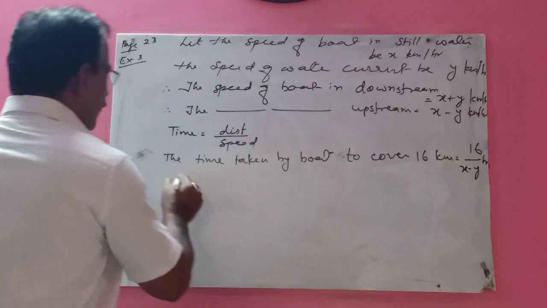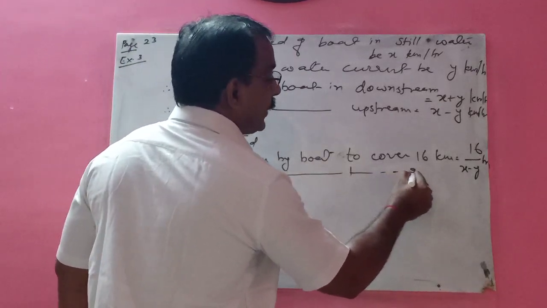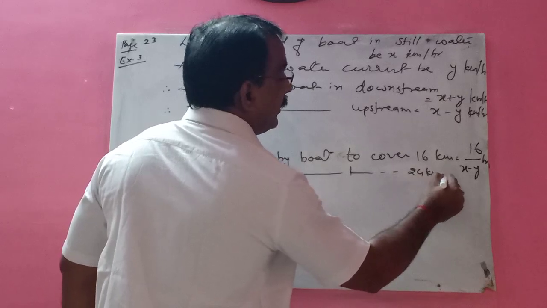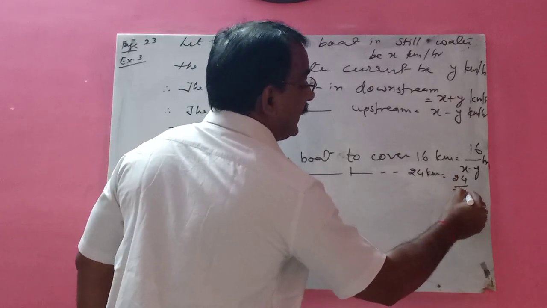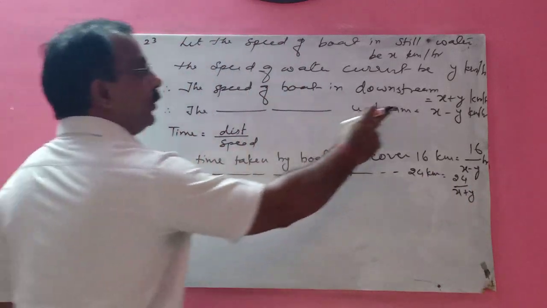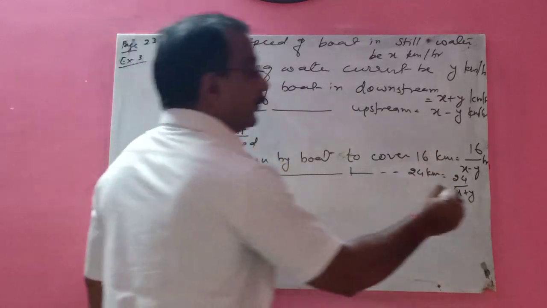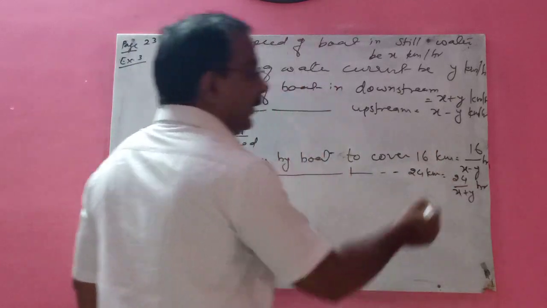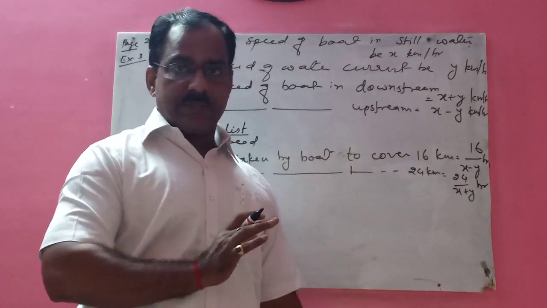Similarly, the time taken by the boat to cover 24 kilometers is 24 upon x plus y, because in downstream the speed of the boat is x plus y and 24 is the distance in downstream. So here we got the separate times as per the first condition.